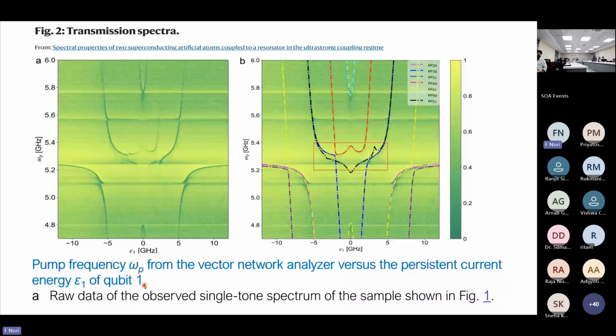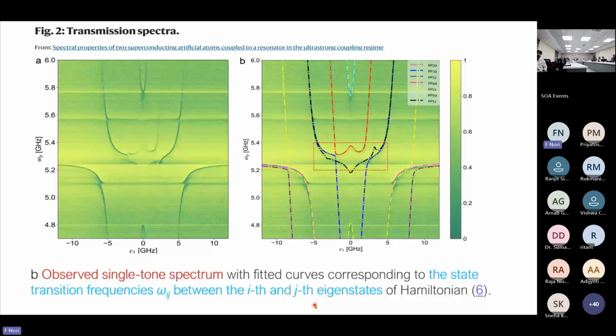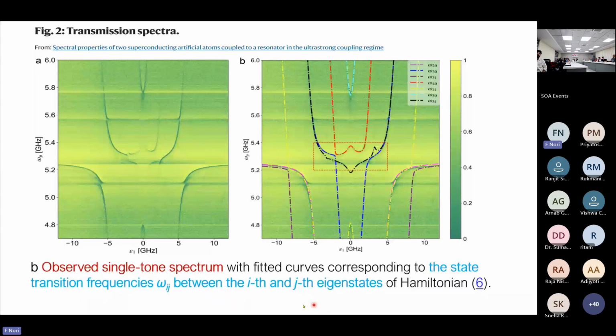This is the raw data of the observed single-tone spectrum of the sample shown in figure 1. And in this case, the fitted curves correspond to state transition frequencies omega ij between the ith and the jth eigenstates of the Hamiltonian.